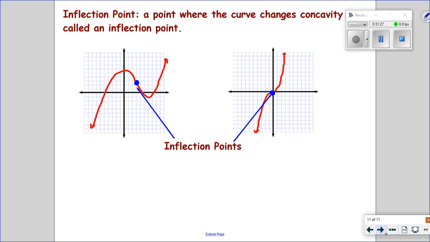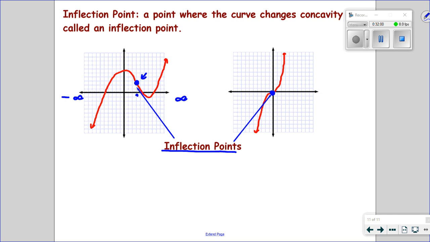So if you look at this first graph, and again, if we're writing intervals of concavity, we're reading the graph along the x-axis. So here's negative infinity, here's infinity. Notice that this graph looks like a hill until we get to this point right here, where it looks like a frown, and then it looks like a smile. So this point is our inflection point, and that's where the graph changes concavity.